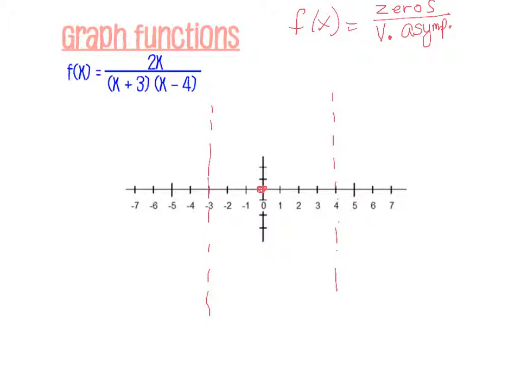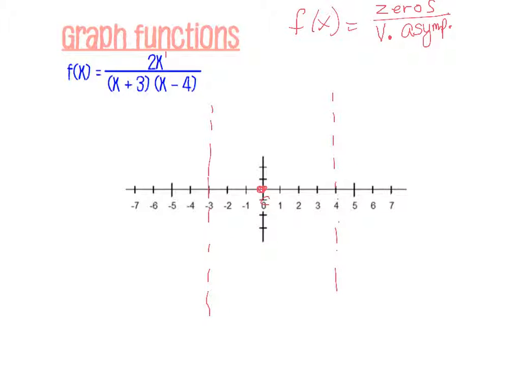And I remember I called it the bounce cut packet. Let's start with the numerator, the zeros. Recall that if you have an odd power, which in this one I do because it's an x to the first power, that's going to be a cut. If it was an x squared, that'd be an even power and it'd be a bounce.